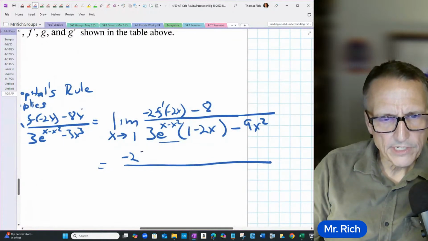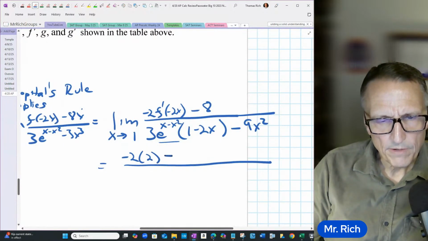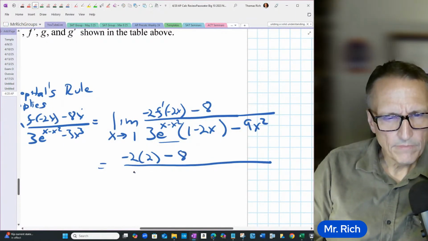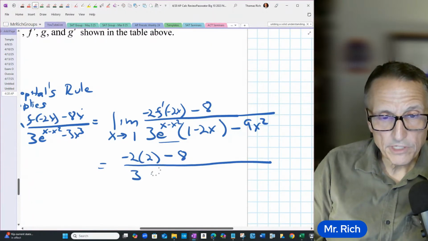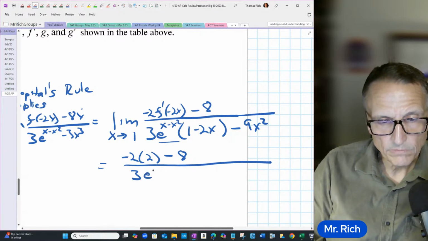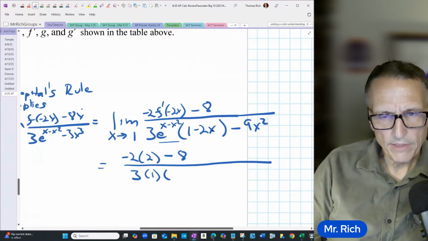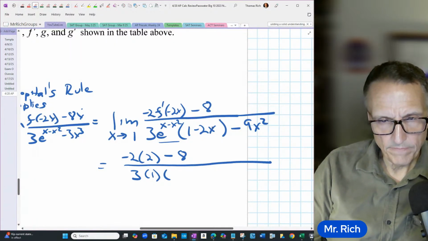So I replace that with a 2, minus 8. This is going to be 3. This is going to be e to the 0. Right? So I'm going to go ahead and replace that with a 1. When this is going to be a 1, that's going to be a negative 1.